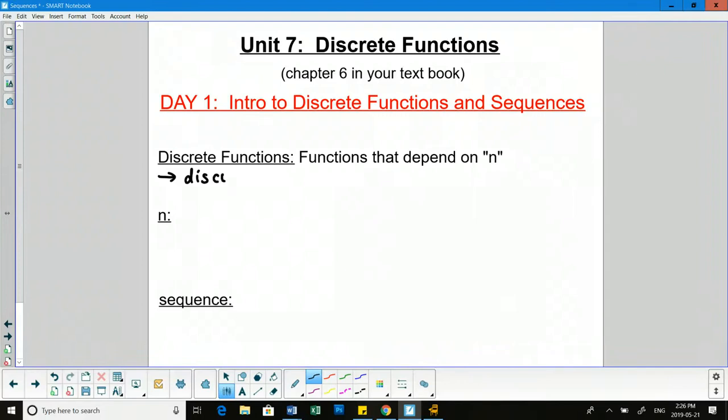So we would call it discontinuous, like a discontinuous set of points. And essentially, this happens by considering our x to be the term number, and then we graph this as an ordered pair with term number and term value.